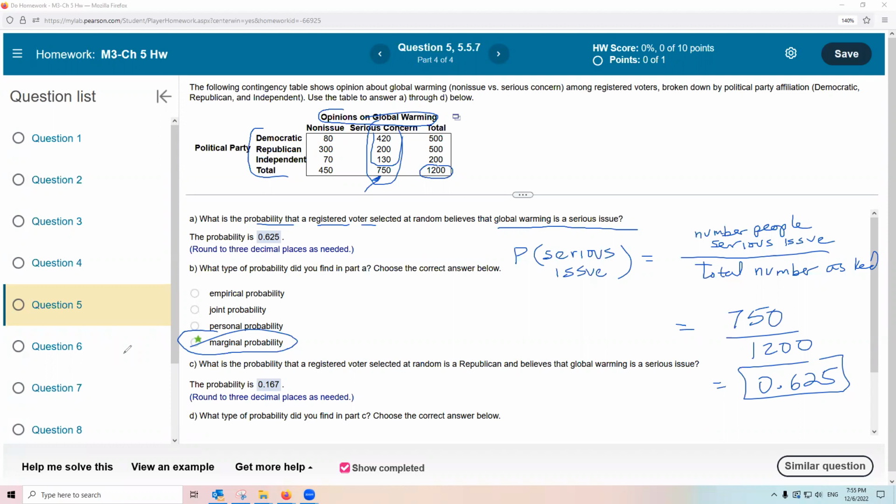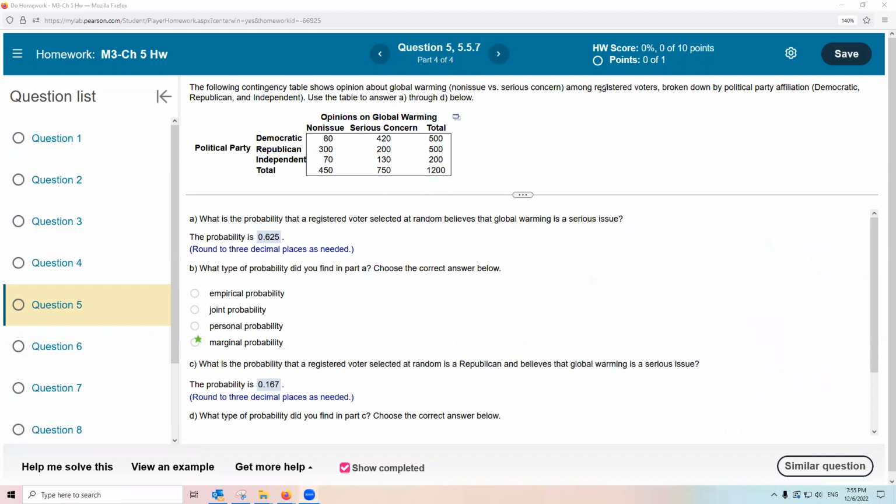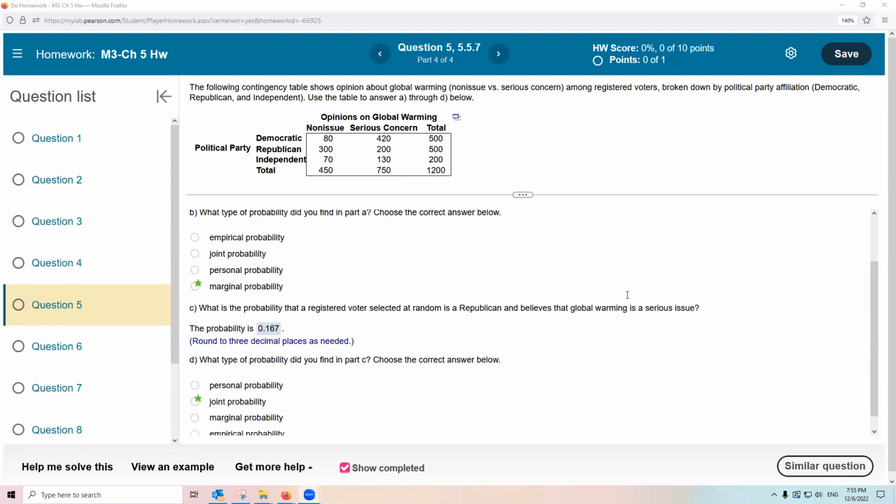All right, let's go down to the bottom example then. The bottom example says, what's the probability that a voter is Republican and thinks global warming is serious? Well, this row are all the people that are Republican. But I don't want all the people. I just want the people that think global warming is serious. Well, that means I have to go to the intersection of this row and column, which means the number 200.